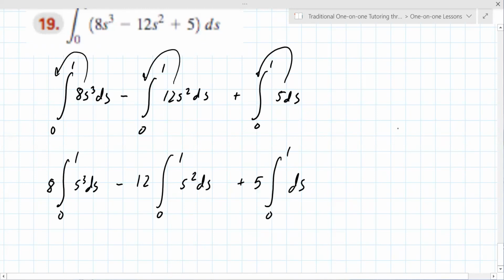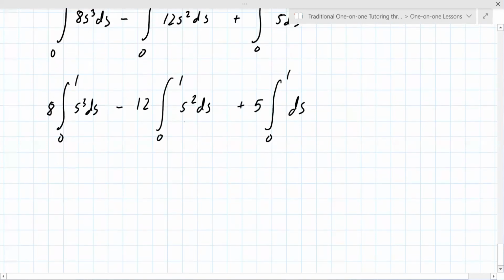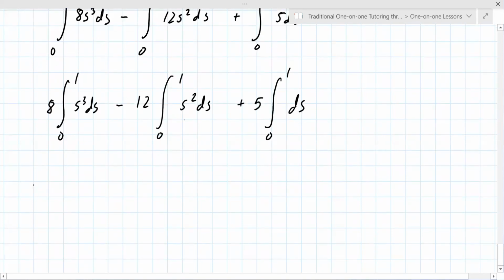Okay. And again, we already talked about this property, but each of the other ones is just what's called the power rule integral. So you bring the 8 down, you add 1 to the exponent, s to the 4th, divide by the new exponent, and then you evaluate it from 0 to 1.